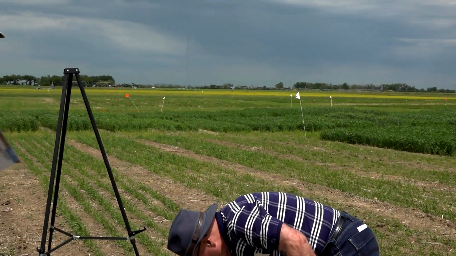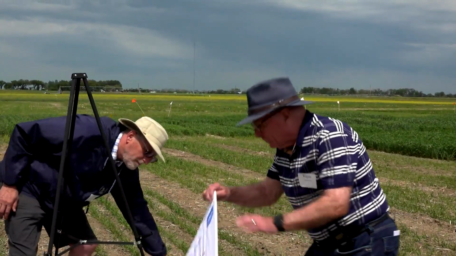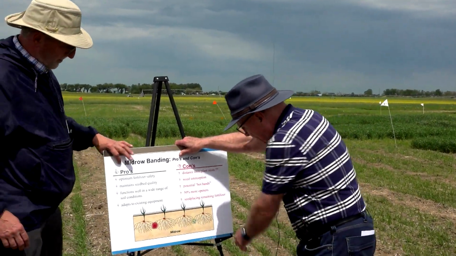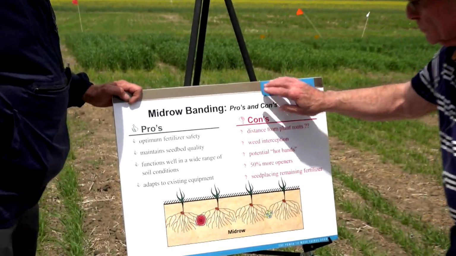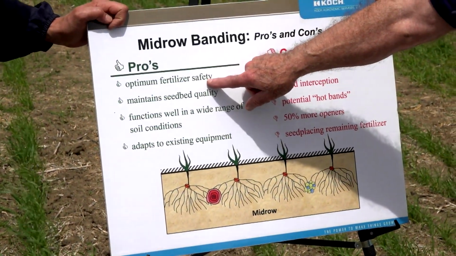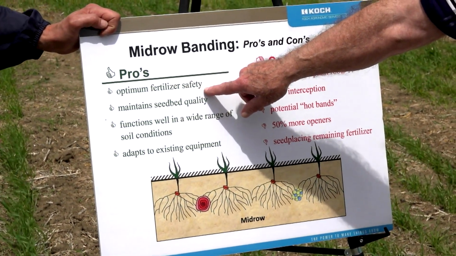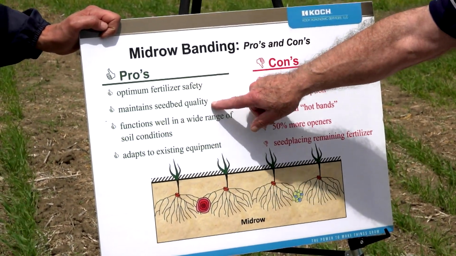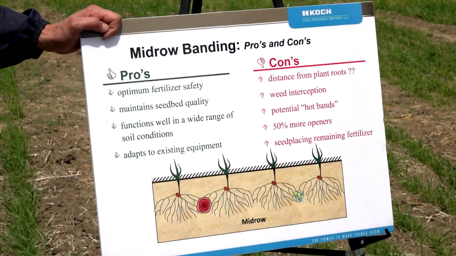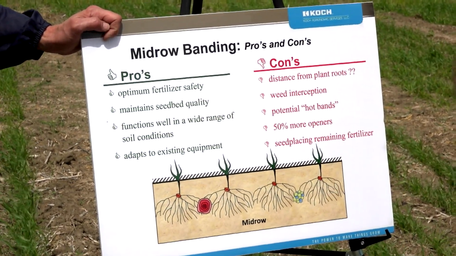So when it comes to mid-row banding that you were asking, what are the pros and what are the cons of mid-row banding? The pros are the optimum fertilizer safety because it's away from the seed, and you maintain seedbed quality because if you have 10 inches spacing, it's every 20 inches.